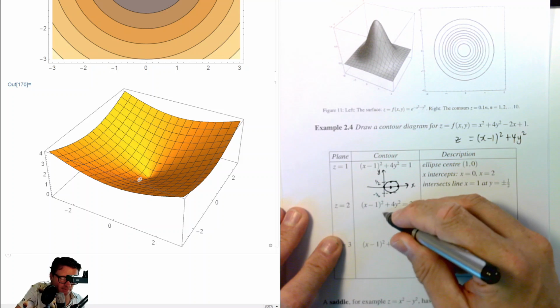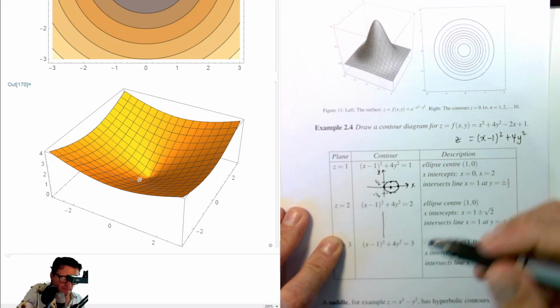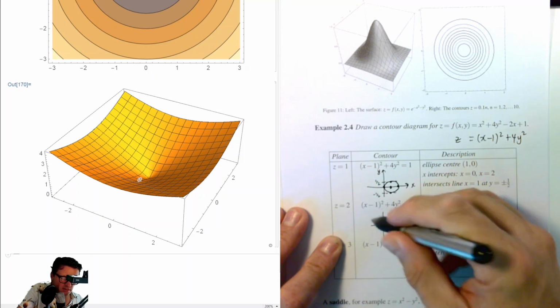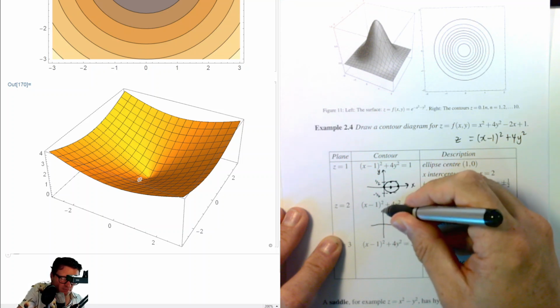So we would get a slightly bigger ellipse here, because 0.7 is bigger than 0.5.